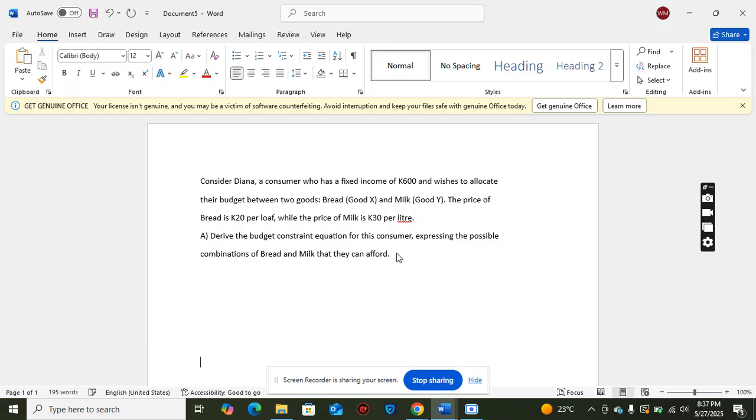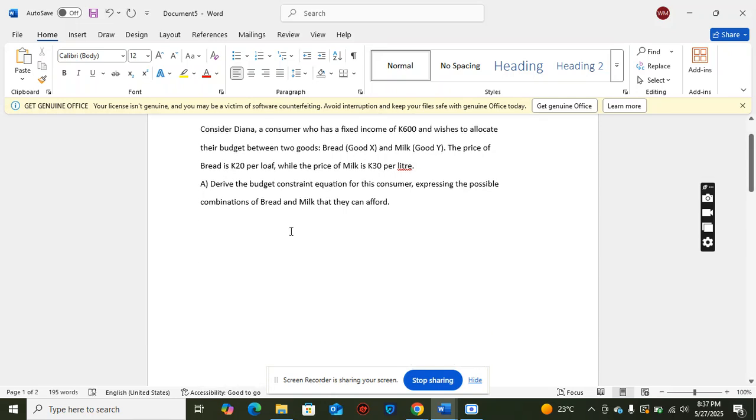Okay, so this topic is consumer theory, how the consumer makes choices with their limited budget. Remember, whenever you want to buy a good, there are certain factors that determine if you buy the good or not. Number one is your income. Number two is the price of the good.